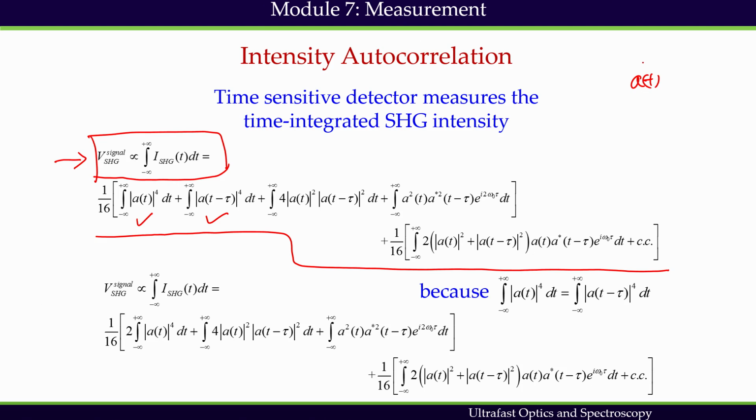We have to first square it to get the SHG field, and then I SHG, the intensity of the SHG, is going to be AT square modulus, which is nothing but AT to the power 4. That is why this is I SHG, SHG created by individual pulses.